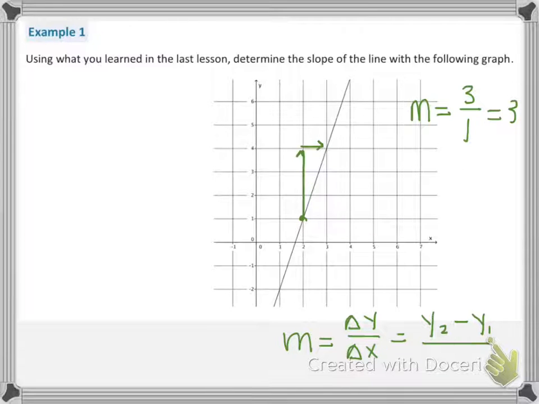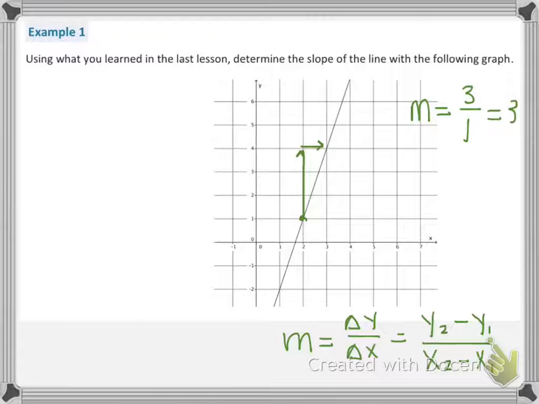That'll be the change in y, and then we'll take the second x and subtract away the first x, and that'll be the change in x. So if we have two ordered pairs, and we can subtract away and find the change in y and the change in x, that will be slope, and we don't need a graph to be able to figure that out.